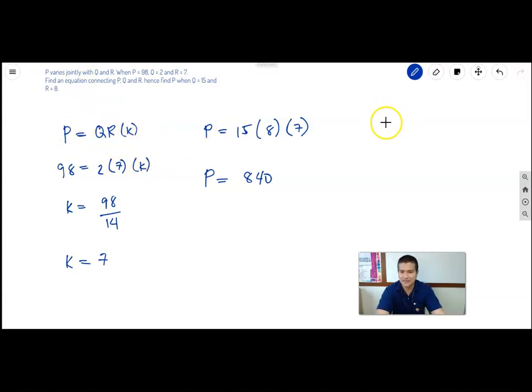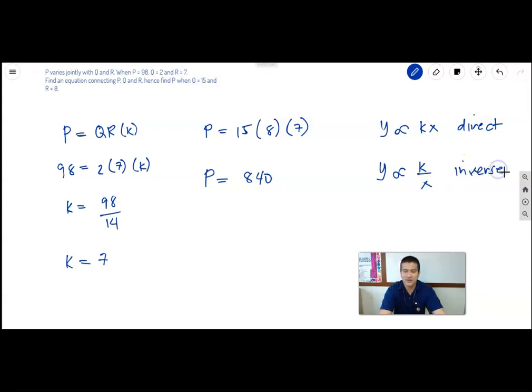So this one is the mathematical symbol for variation. Y varies directly to Kx, so this one is direct. And then the inverse: Y varies inversely to K over X. This one will be the inverse.